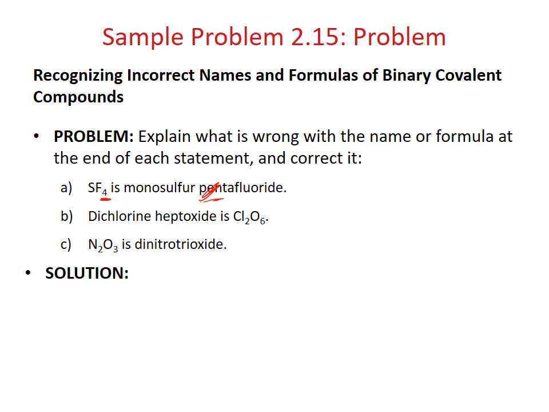The other thing is mono shouldn't be used for the first atom. Even if the first element only has one atom, you don't need mono for the first one. But you do need it if it's the second one. For example, CO, so 1 oxygen, so you call it carbon monoxide.